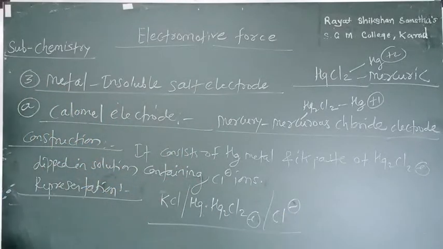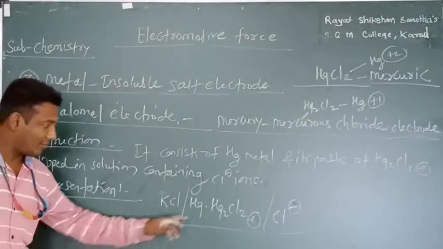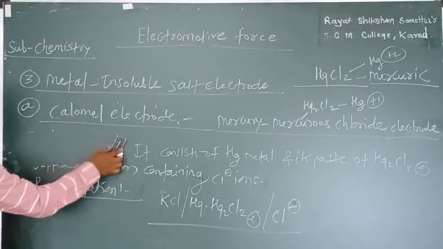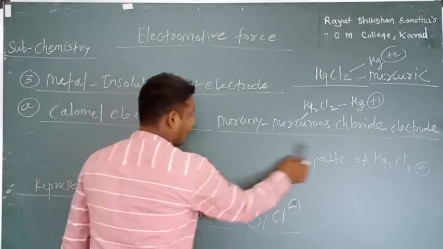This is the simple way of representing the calomel electrode. Okay, mercurous chloride and Cl minus ions.